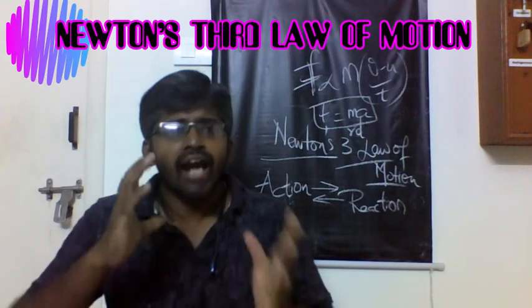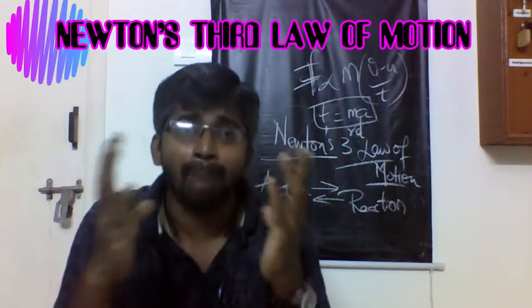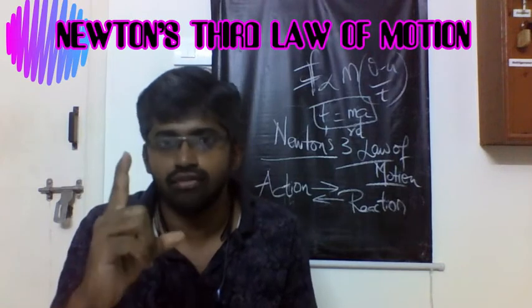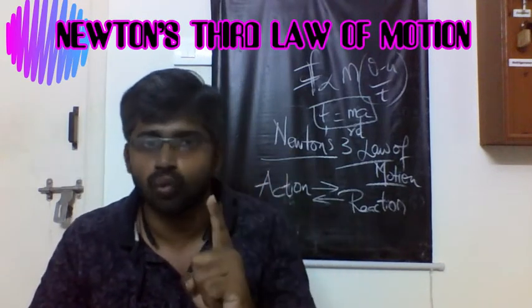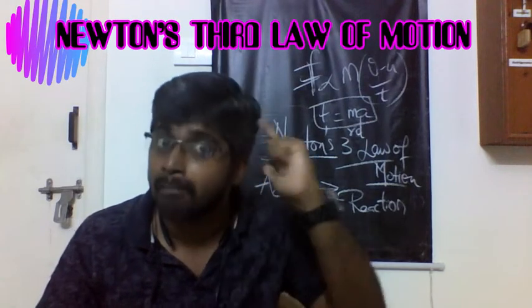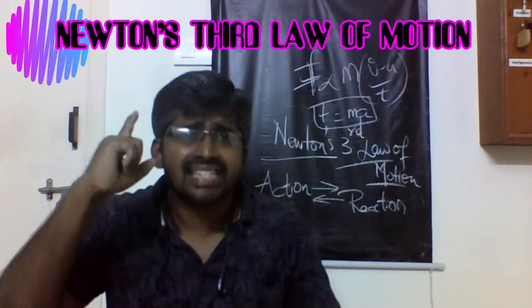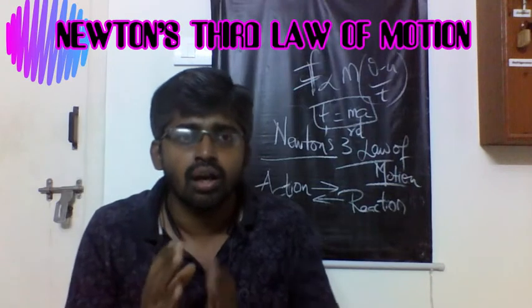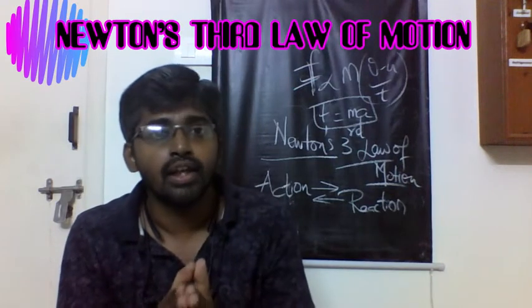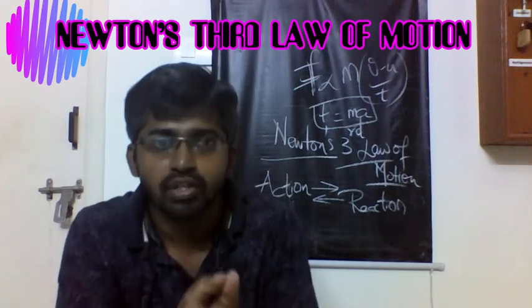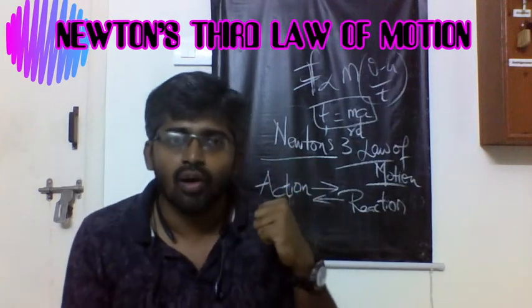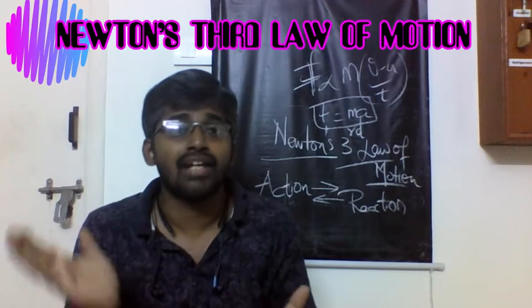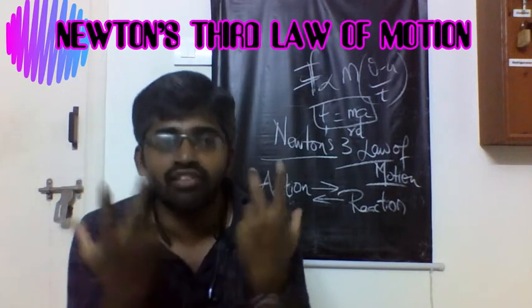In Newton's third law, it is a pair of forces. It is not a single force. In all other cases, it is a single unbalanced force. You remember, unbalanced force. That single unbalanced force causes the body to move, to make motion. But in Newton's third law, it always applies to two different forces.